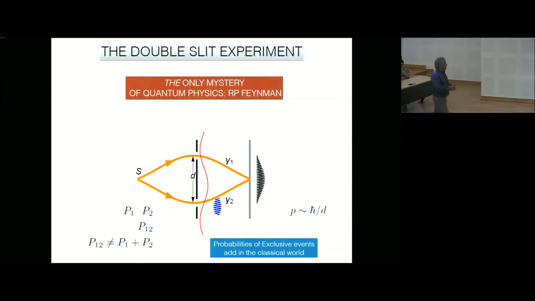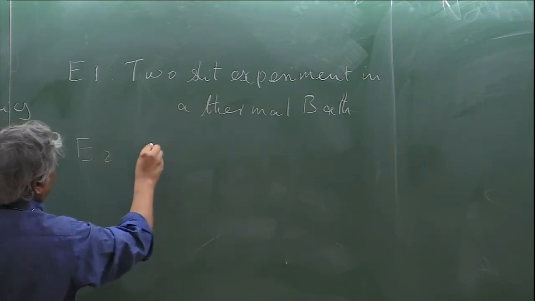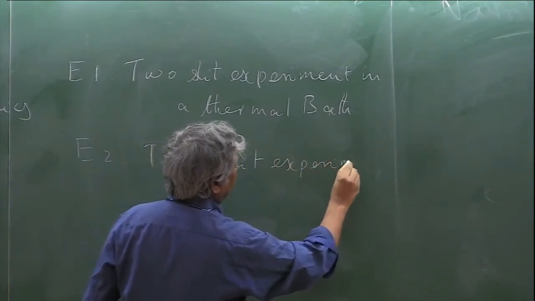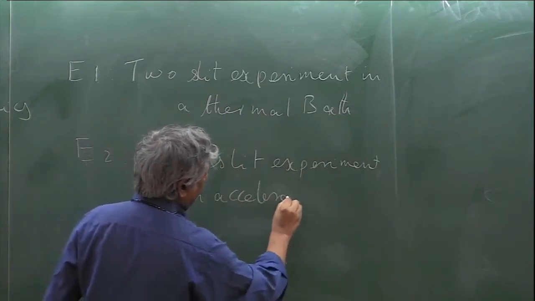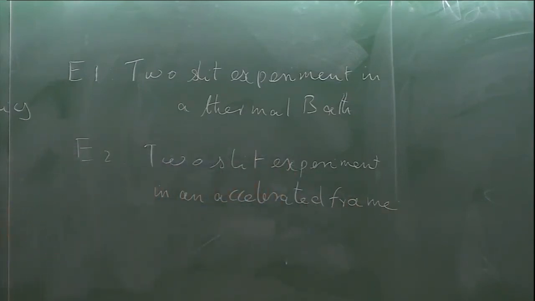And in E1, these are the two variations of the double slit experiment.